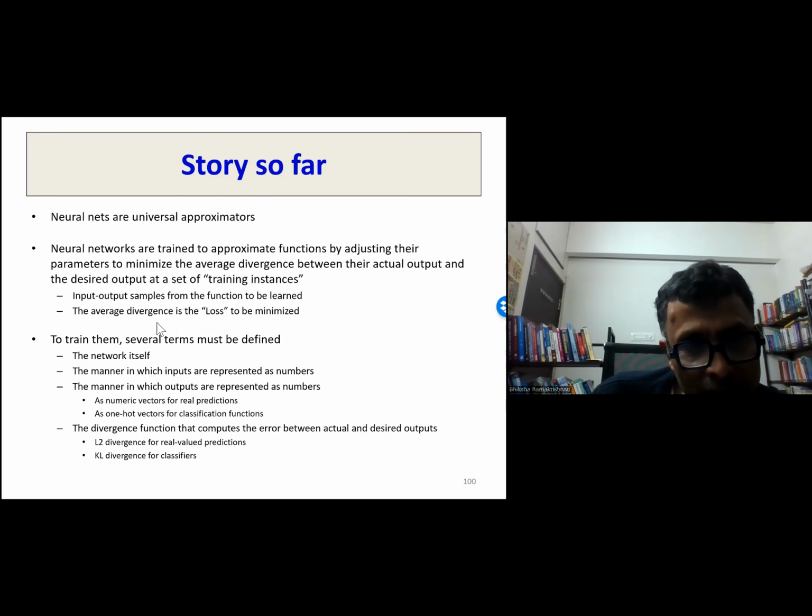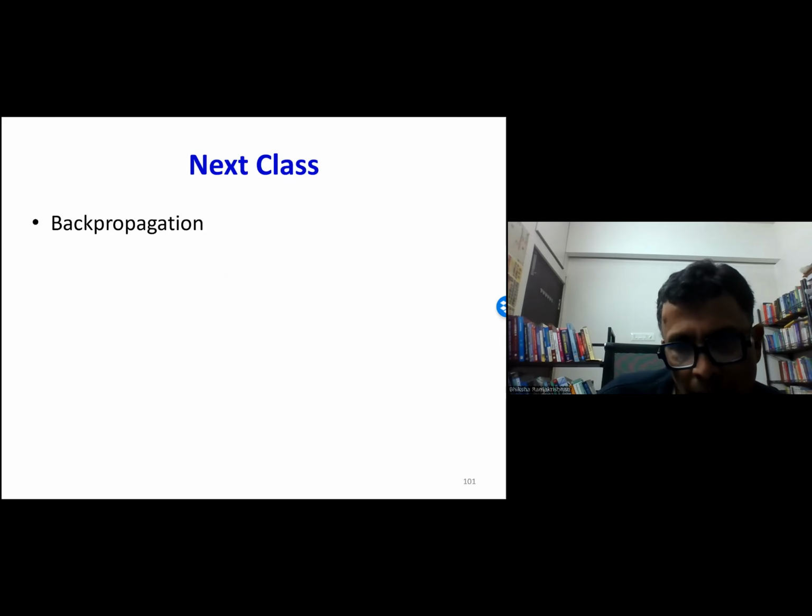And the loss is the average divergence over these samples. To train them, several terms must be defined: the network, the manner in which the inputs are represented, the manner in which the output is represented, and the divergence function that computes the error between the actual and desired outputs. Once we define all of these, we can define the loss and perform gradient descent.